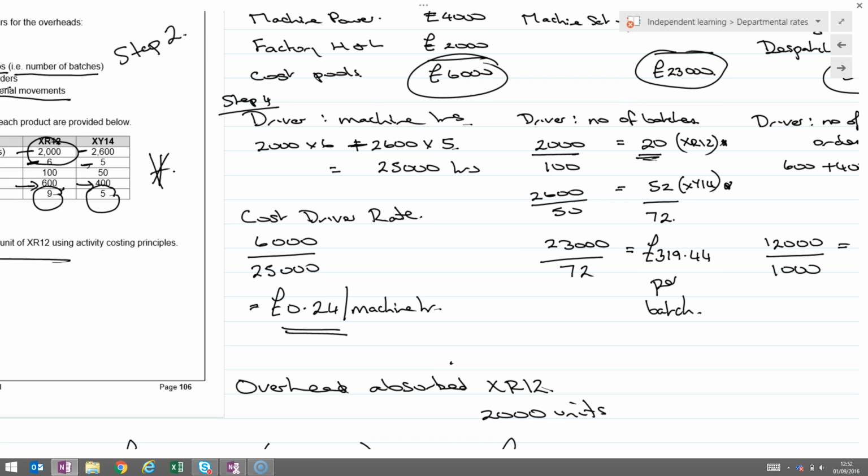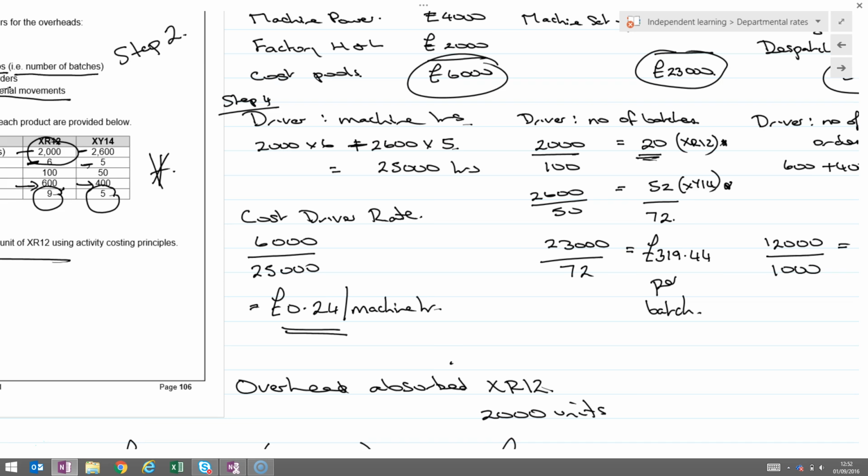Now I know this is a little bit of a complicated area. We have got, I believe, a couple of weeks allocated to going through this. So what I would like you to do for the moment is now refer back to your workbook. This is example 4.6 that I've worked through. Either go through the video again or now go through it in the workbook. You will see that they have also calculated the overheads per unit for the second product, XY14.